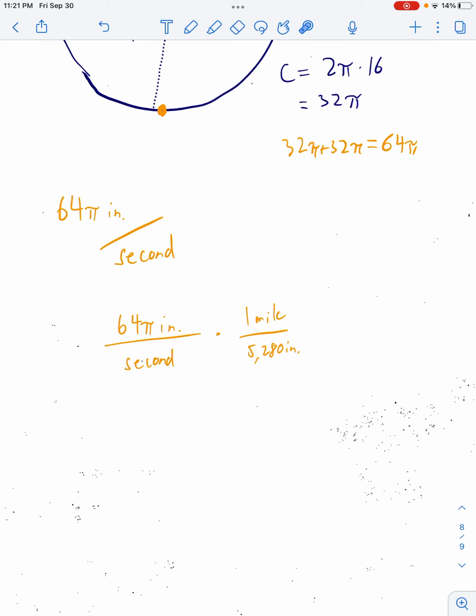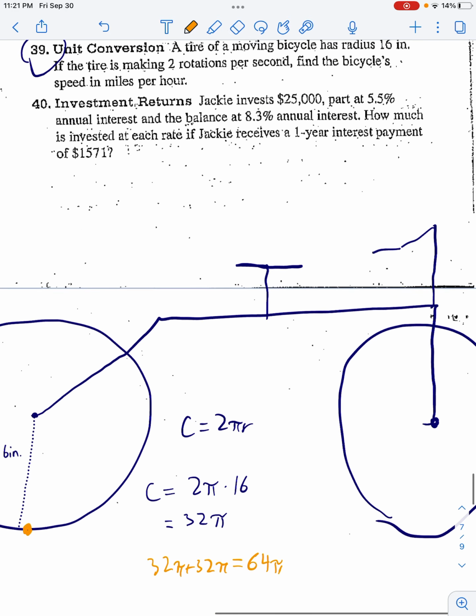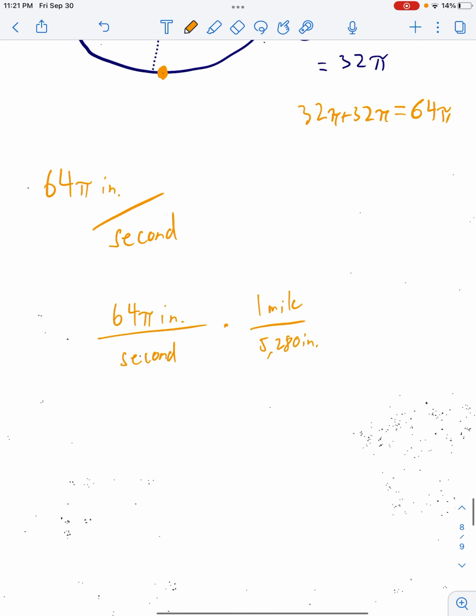That makes sense, guys. Whenever you move from a smaller unit of measurement to a bigger one, you end up dividing. And then we want to move from seconds to hours, right?